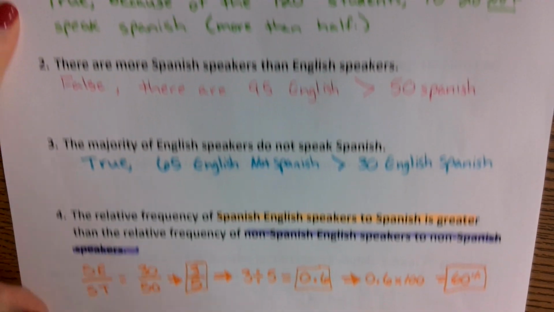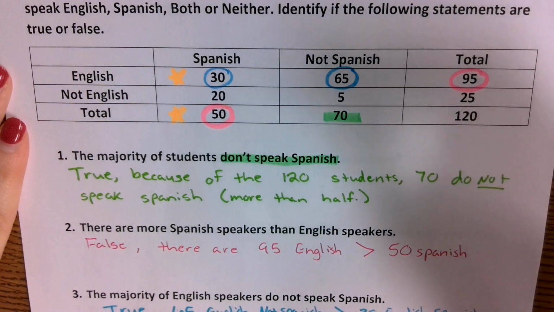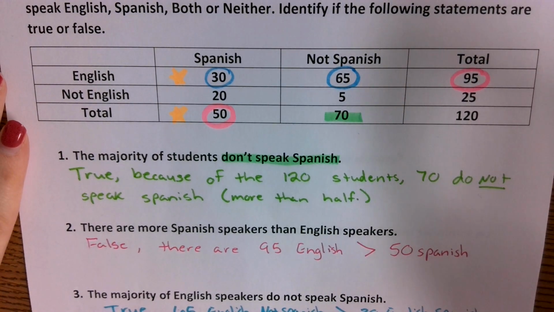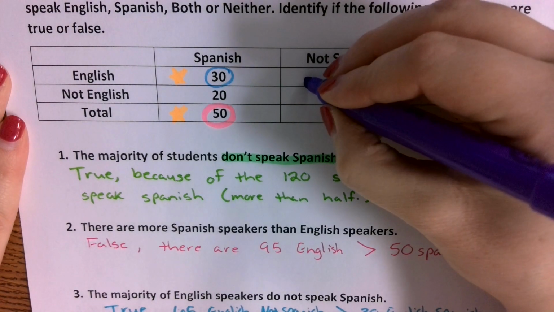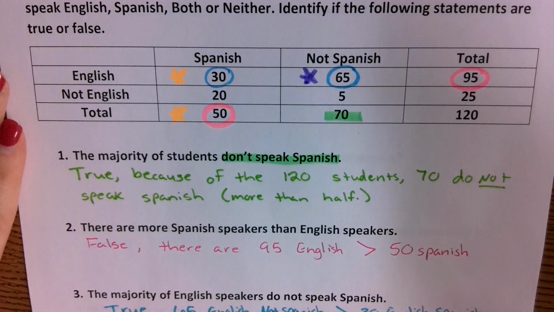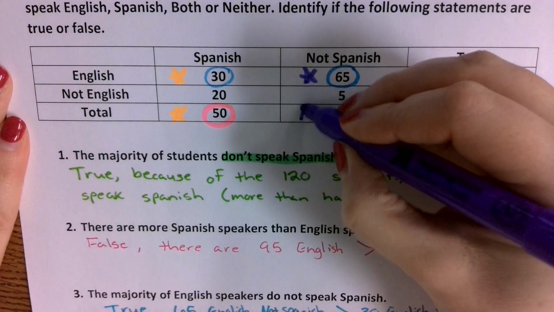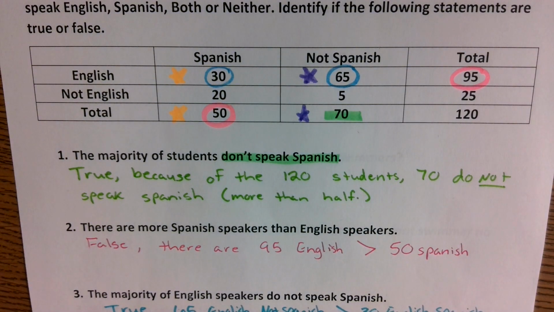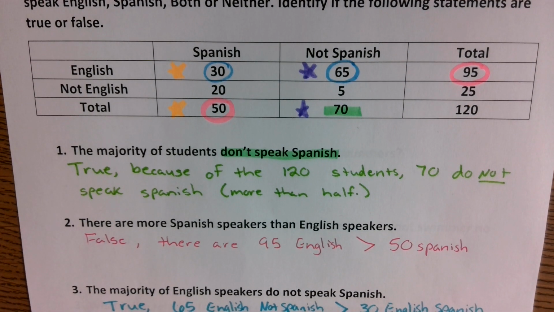So we're going to look up here. Non-Spanish, but speaks English. How many people do not speak Spanish, but they speak English? 65. And then how many non-Spanish speakers in total are there? 70. So you're comparing those two values to each other, 65 over the 70.